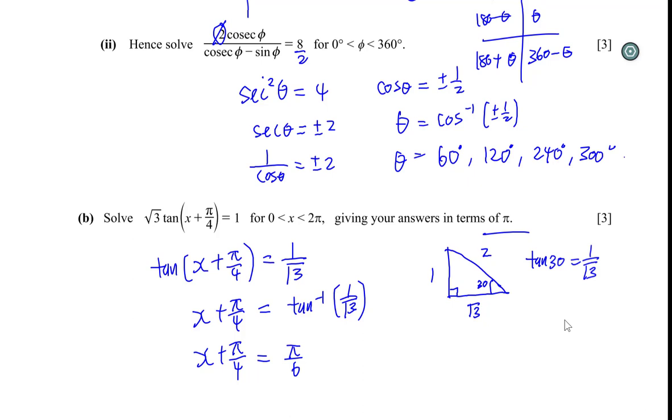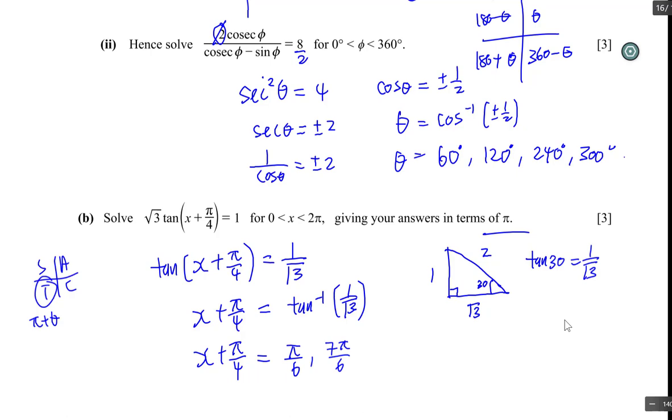Yeah. So anyways, tangent positive, you should have more than one angle, isn't it? ASTC tells you tangent will be positive in the third quadrant. Third quadrant is pi plus theta, isn't it? So you plus pi, you will get 7 pi over 6.